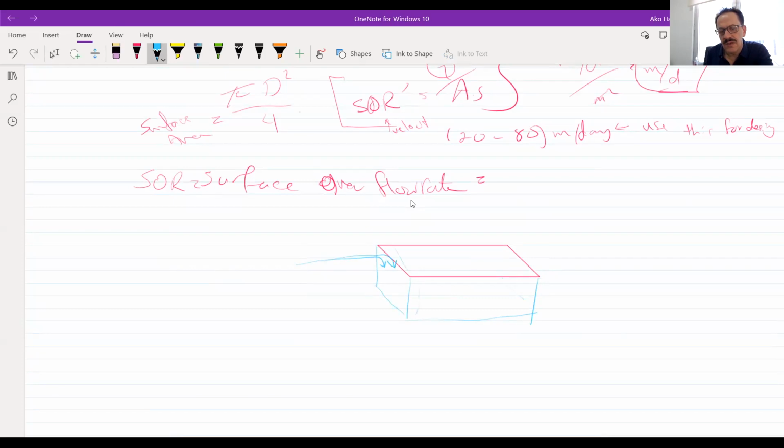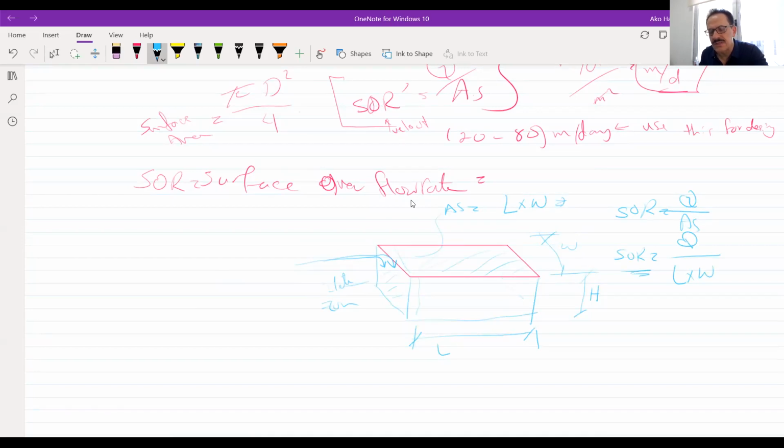This is called the inlet zone. This is the length of the tank, and there is a width of the tank, and a height of the tank. So what is the surface area? AS is equal to length multiplied by W, right? So SOR is equal to Q divided by the surface area, which is Q divided by L times W. This is the same definition of the SOR. Clear?